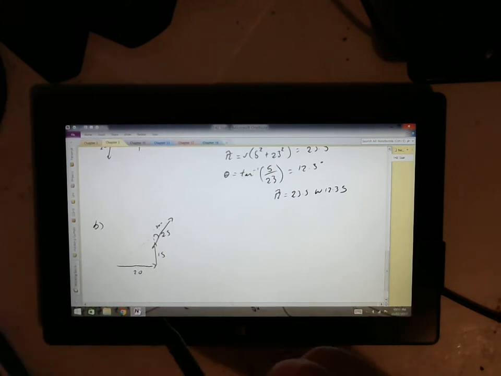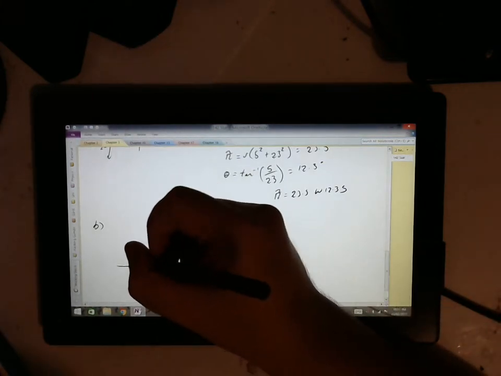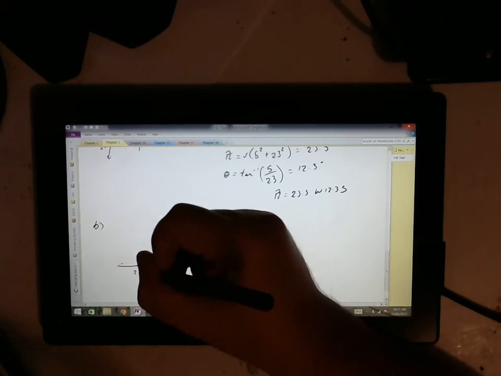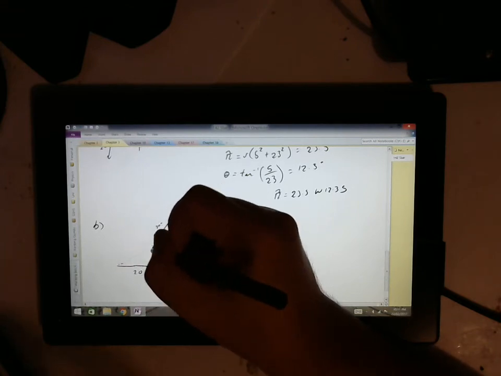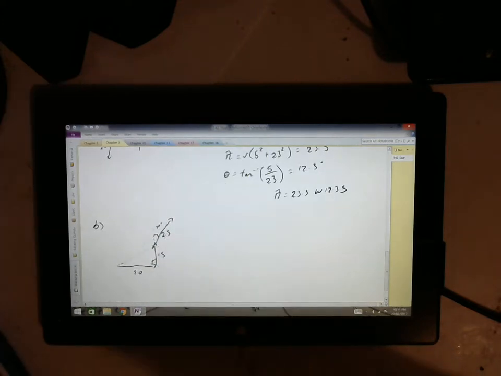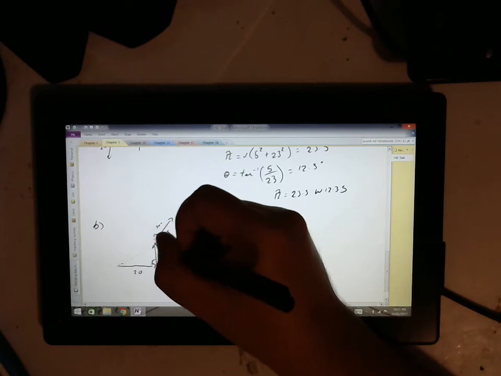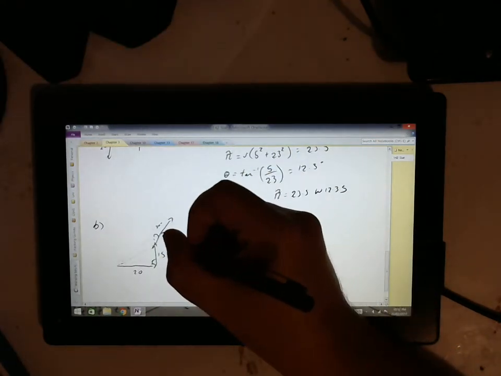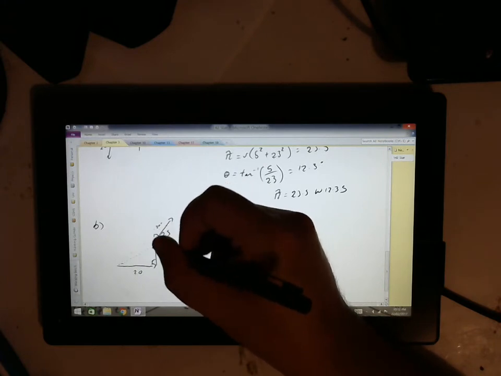We could make it a triangle by working out how long this line is using these two, and then using that bigger triangle. But generally it's going to be easy to break this down into how much east and how much north, and then put it all together. So let's work that out first: how much east there is and how much north there is.